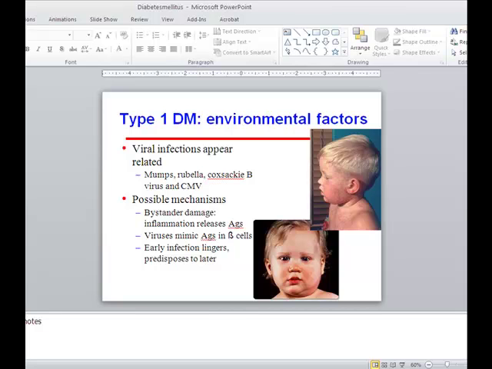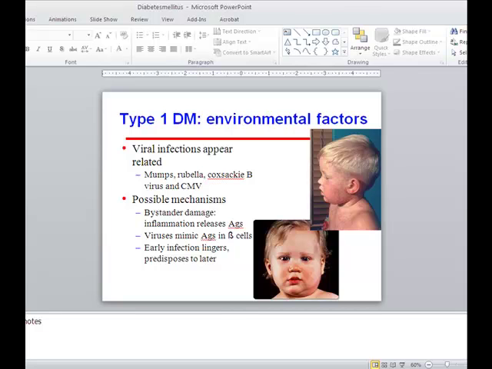Or in certain cases, the infecting viruses can mimic the antigens in the beta cells, so the antibodies start to attack, and the beta cells are destroyed in the process.